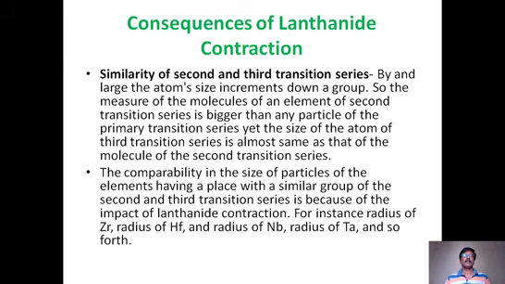So what happens when you look at the periodic table? When we go to the right side, there is a decrease in the atomic size.